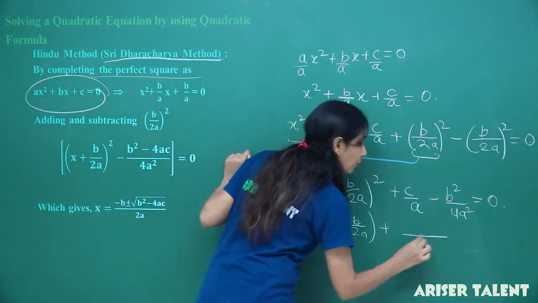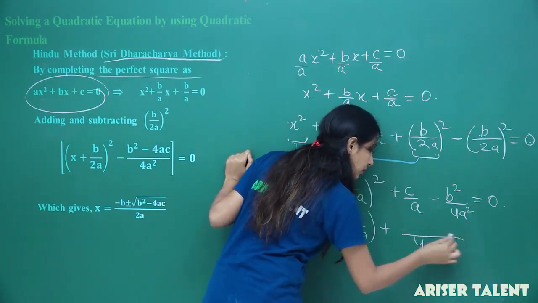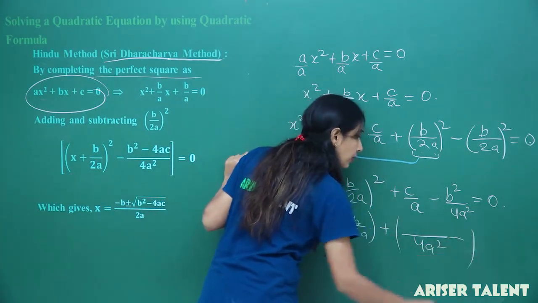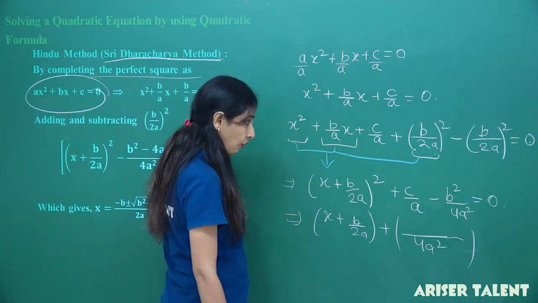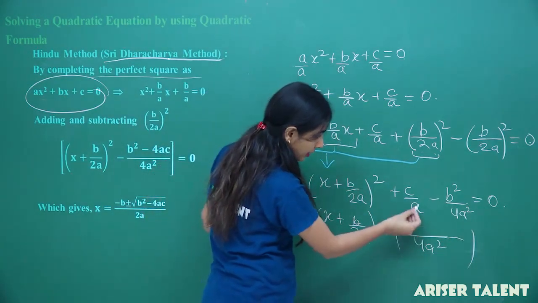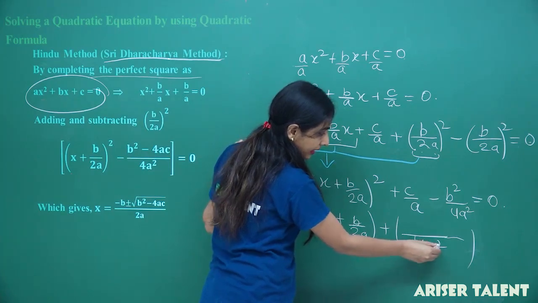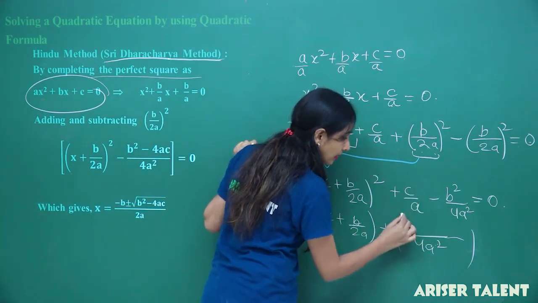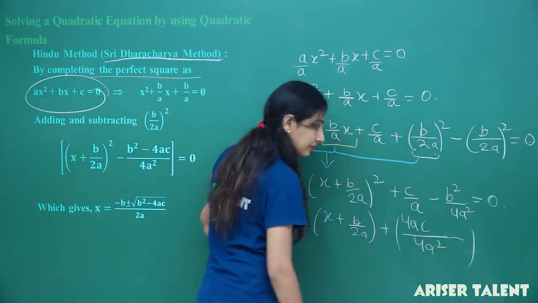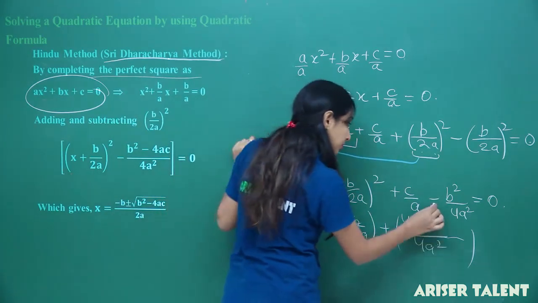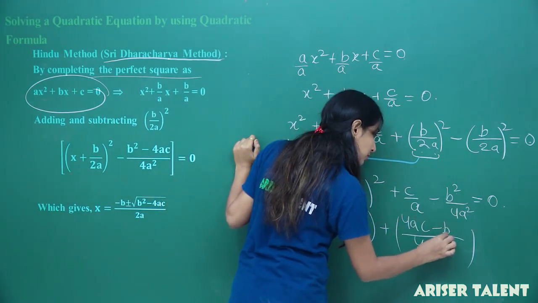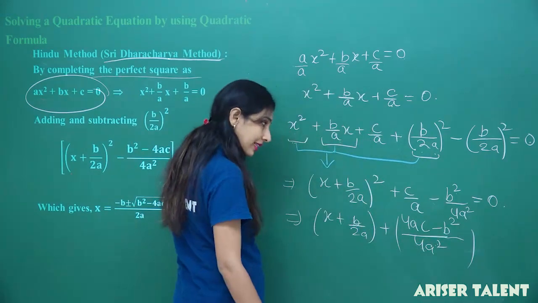That will become 4a square. Now, if it is 4a square, what will it give to you? That will be 4 and a here, so 4a and c, so 4ac, right or wrong? Now, this will become minus b square, right?